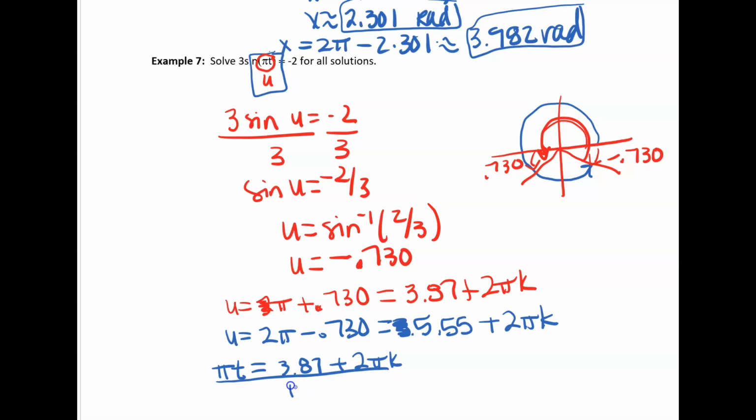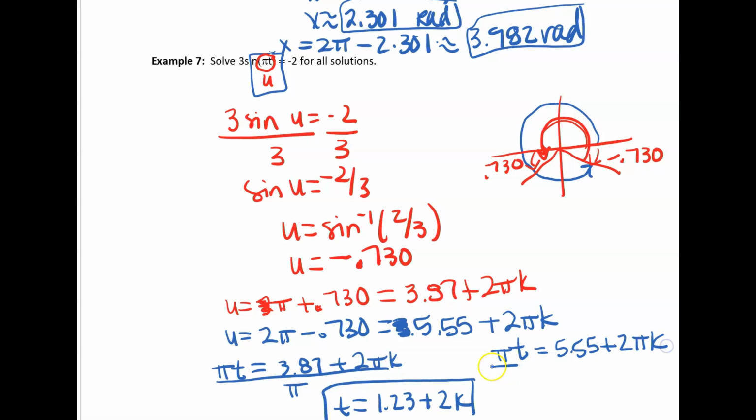So if I divide everything by pi, it gives me t to be equal to 1.23 plus 2k. Just dividing each of those by pi. Same thing is going to be true here with the other one. So pi t is equal to 5.55 plus 2 pi k. Divide both sides by pi. So it gives me t equal to 1.77 plus 2k.